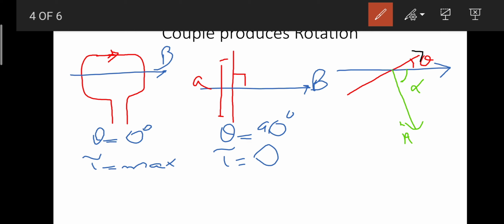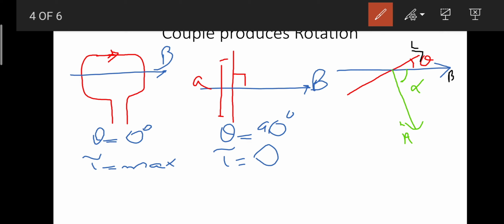Now if I draw a perpendicular on this particular length, the green arrowhead is indicating the direction of the normal. This vector area is making an angle alpha with the magnetic field.